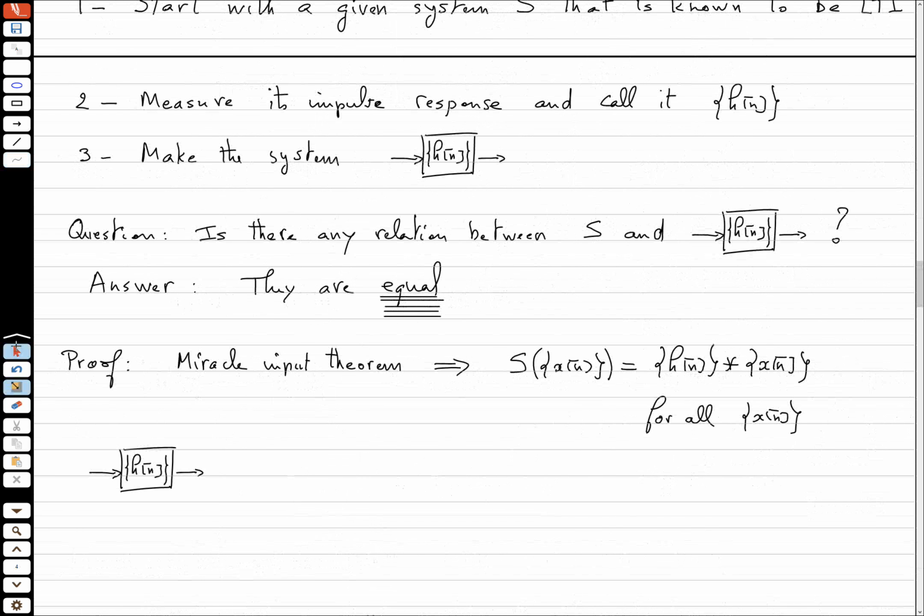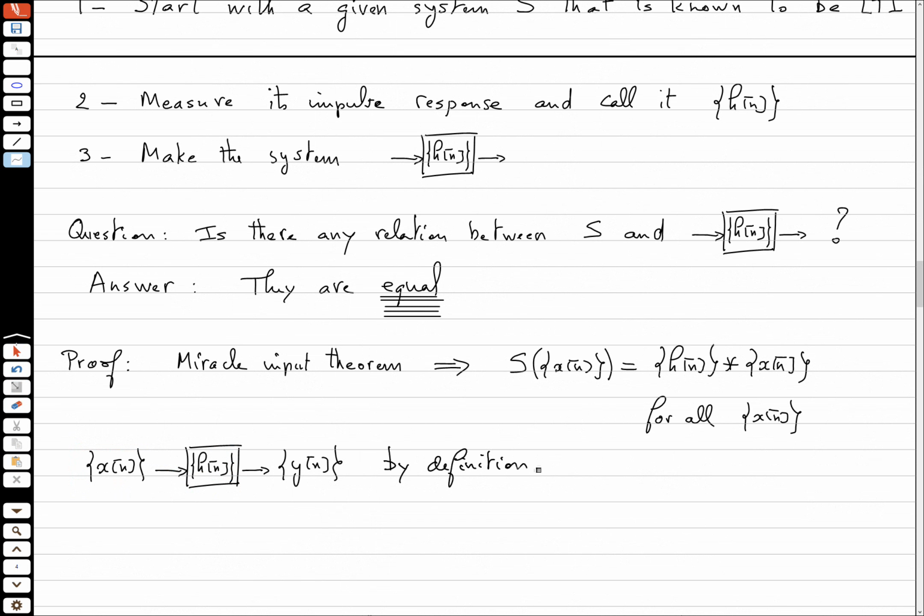So this, by definition, is such that y of n equals h of n convolved with x of n.